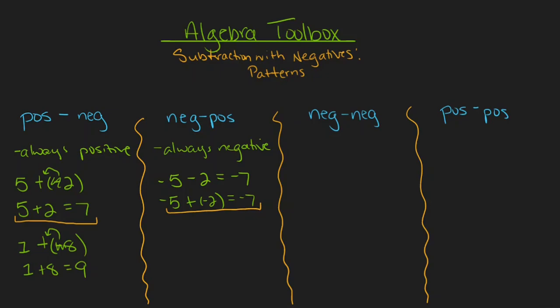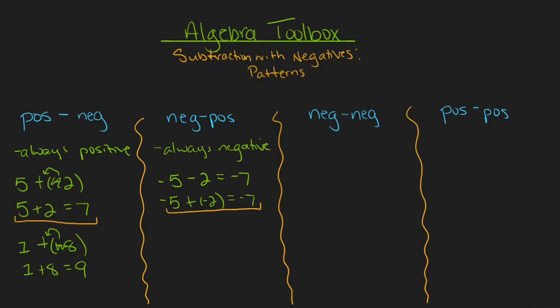And like we talked about in an earlier video, when I'm adding together two like signs, either both positive or both negative, the answer comes out to be that same sign as well. So another way we can think about these negative minus positive subtraction problems is that we really take those two values, 5 and 2 in this case, add them together, 7, and then throw a negative sign in front of them, negative 7. Let's use that process to answer our next question.